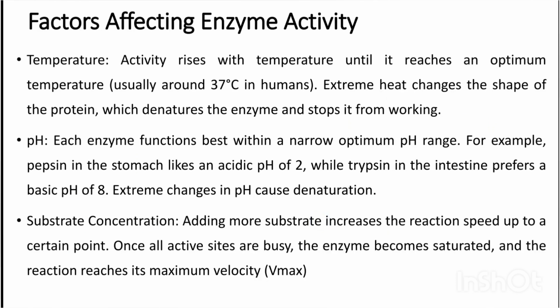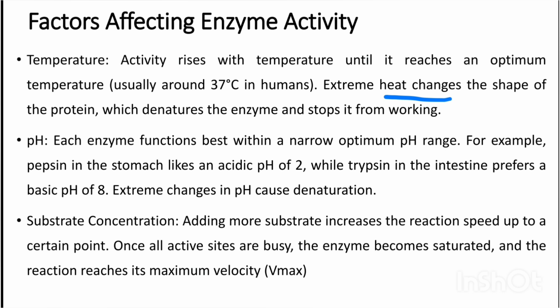Next, what are the factors affecting enzyme activity? At first, temperature. Activity increases with temperature until it reaches an optimum temperature, approximately 37 degrees Celsius. Extreme heat changes the shape of the protein and denatures the enzyme.